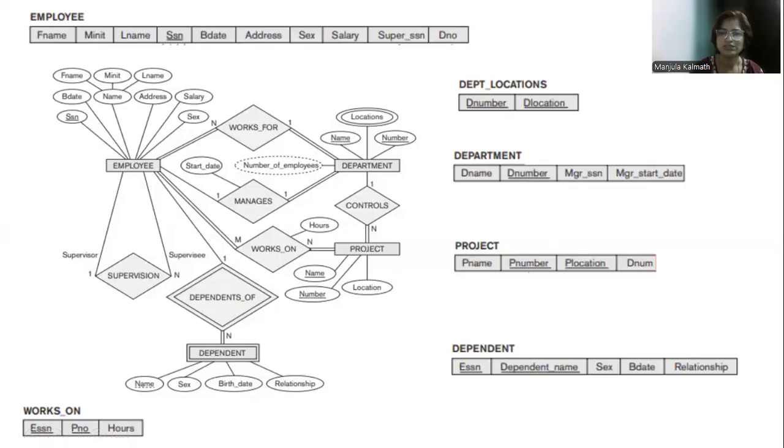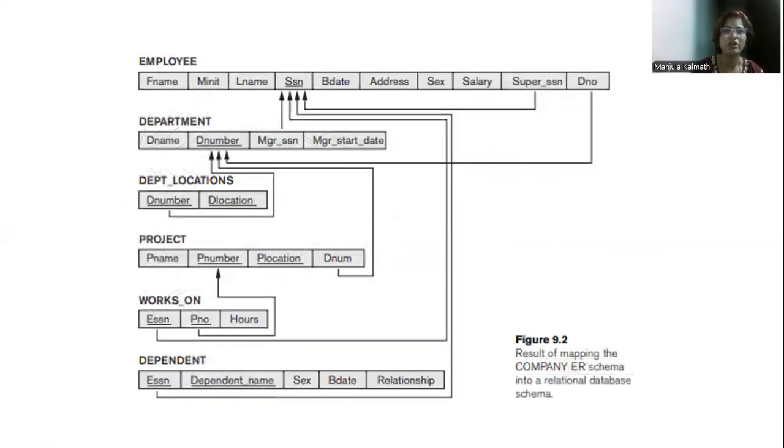So once it is converted into the tabular format, we have to create the schema. We'll be creating the schema between these tables, where there is a primary key and a related foreign key. Now SSN is a primary key in the employee, and a foreign key in the same table, that is a self-referential relation, created as super SSN as I showed in the previous diagram.